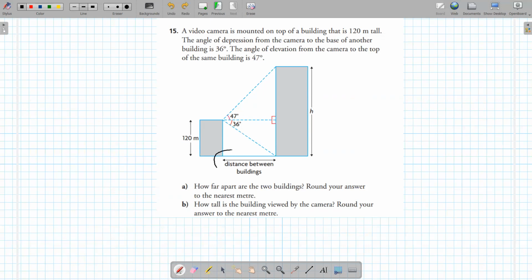This is also the question, actually, the distance between the two buildings. So let's go one by one. Let's find the distance between the two buildings. Do we know the length of this side? 120. What about this angle?